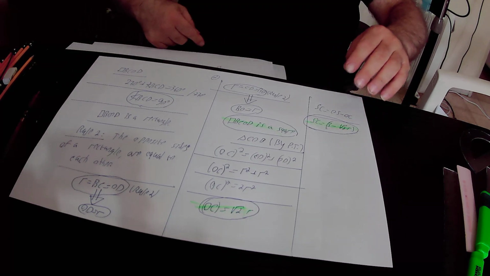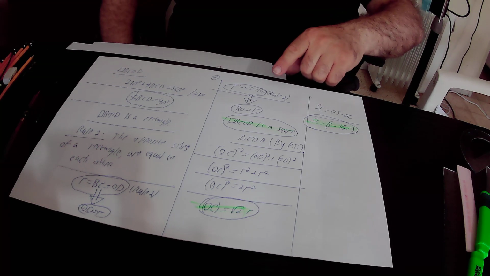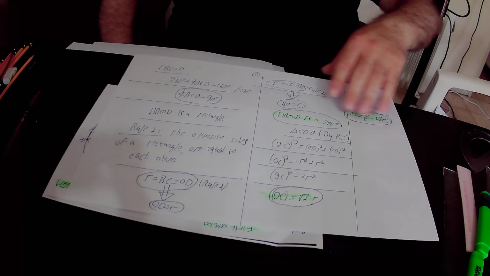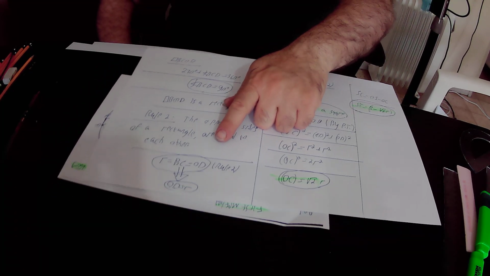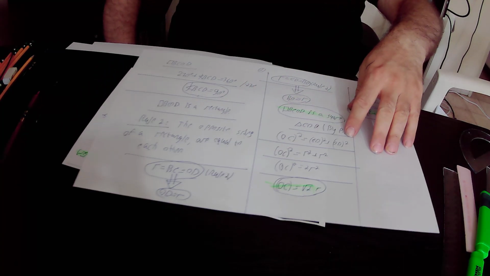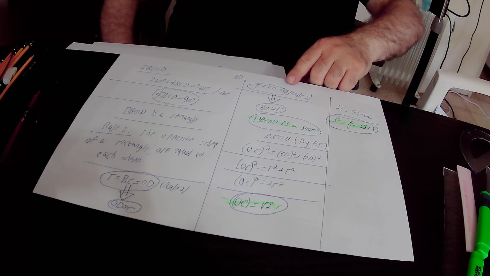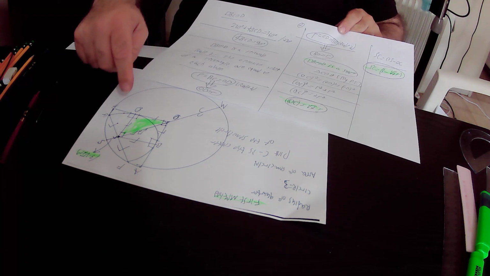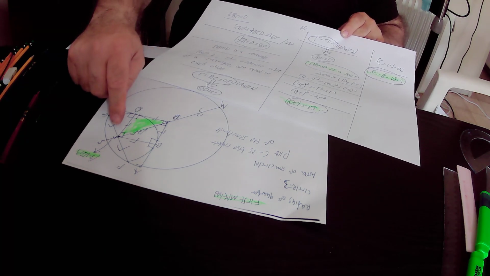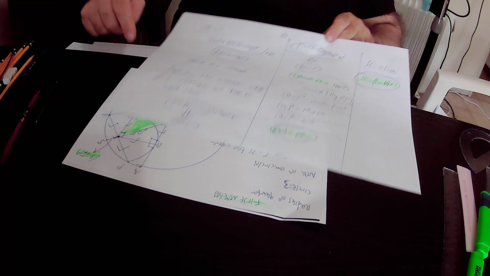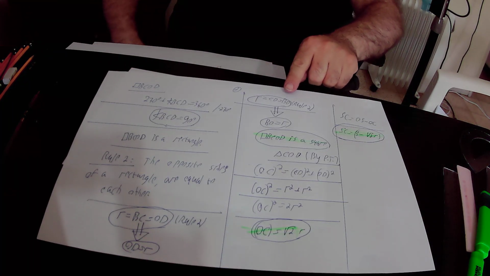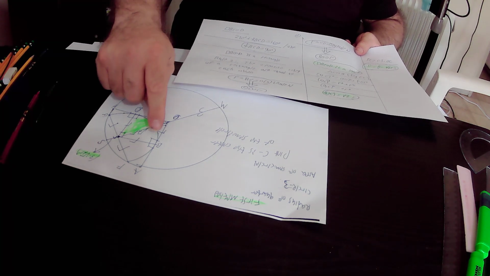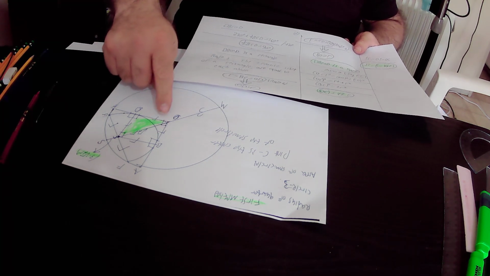So CD equals BO equals R, and we derive that BO also equals R.